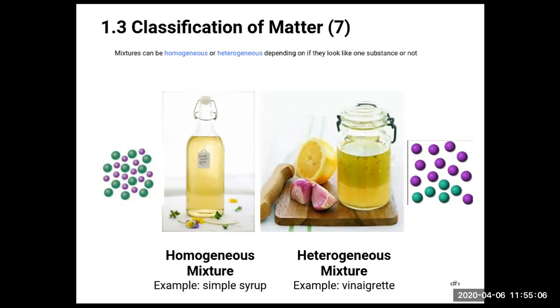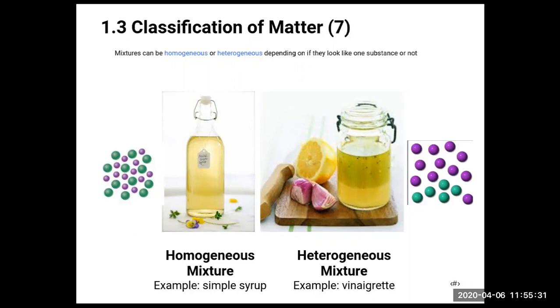If you look at the model to the right of the picture, you can see that this time the purple balls are definitely sitting on top of the green balls. So they are not well mixed at the molecular level. They are really separating, and each type is staying on its side.